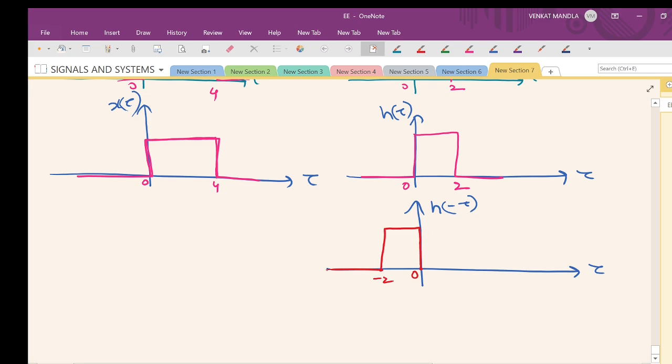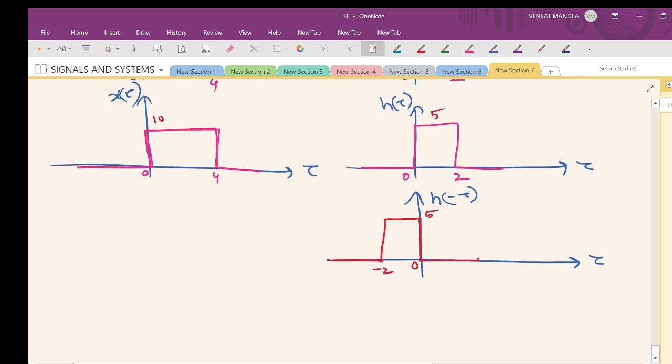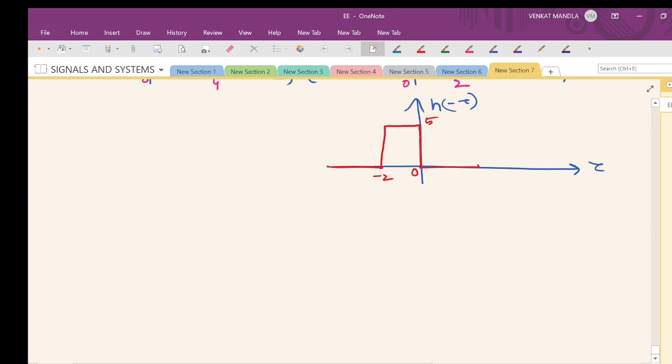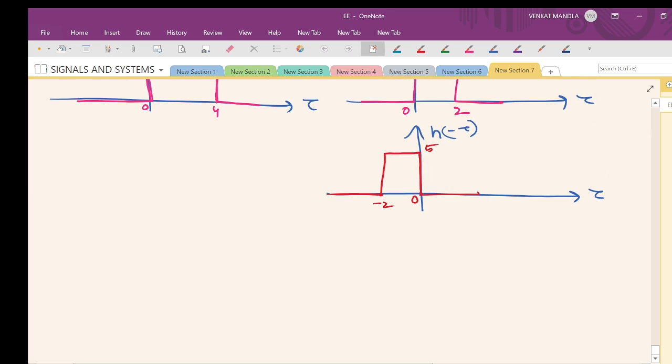This is h(minus tau), and then we have to shift by t units, either to the left side or right side, depending on the small t value.